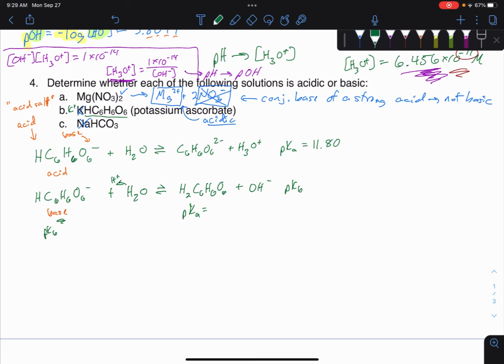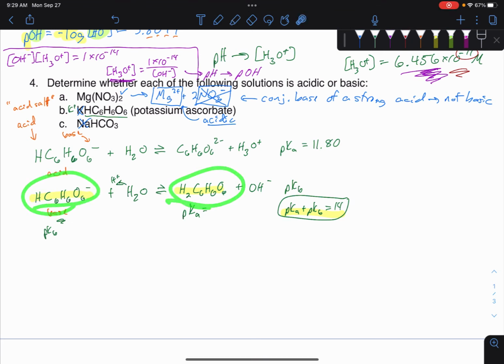This equation that we're about to use, and that we've used before, is only true for acid-conjugate base pairs, or in this case, you could say base and conjugate acid pair. So if I look up the pKa for ascorbic acid, I get 4.10.